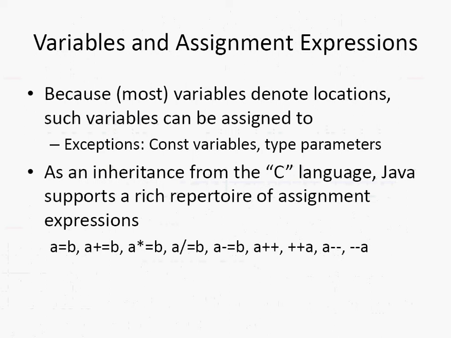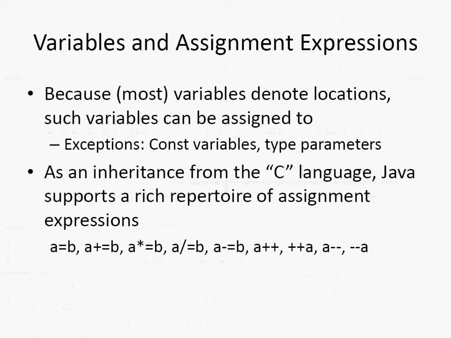Okay. So the most common form of assignment is this one. So here what's going on is that whatever value B had is now becoming the value of A. A had that from the beginning, but now it's being overwritten by it. It's taking the value that B has.